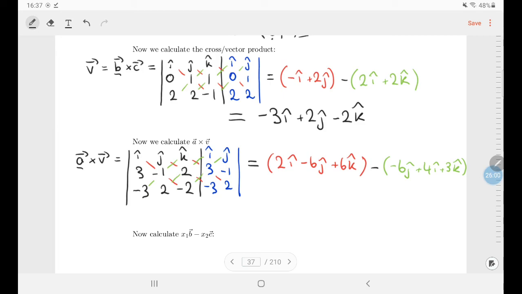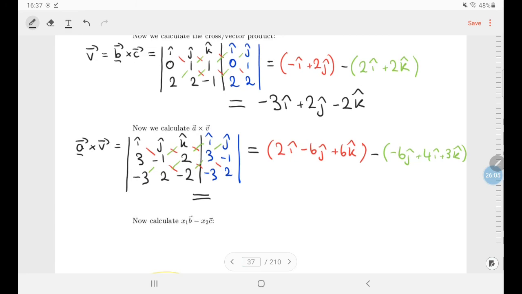So we get for a cross product with v, 2i minus 4i, that's minus 2i. Minus 6j plus 6j is 0j, so I can leave that out. And then 6k minus 3k is 3k.